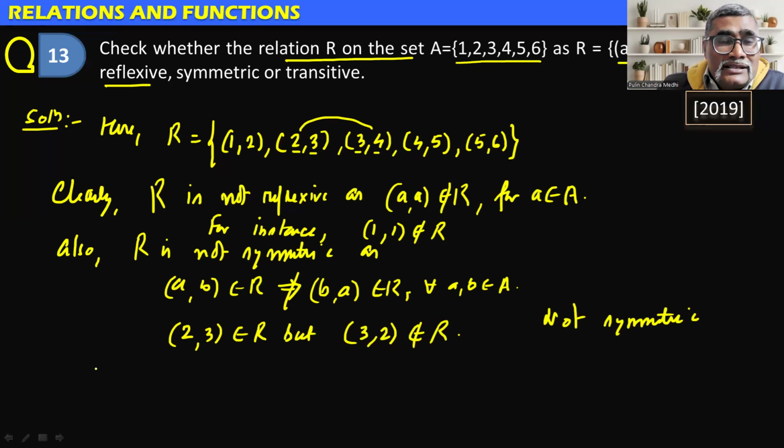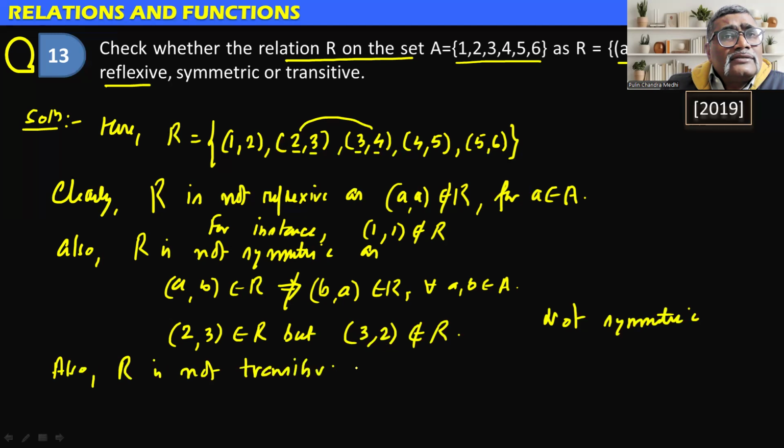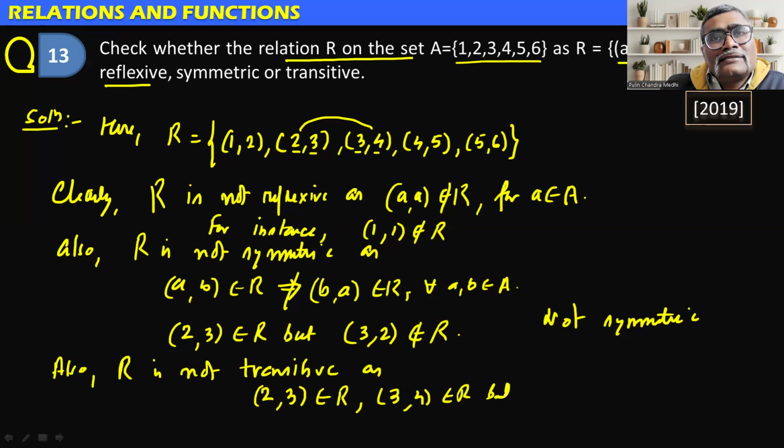So we'll write the answer for this at the beginning. So you can write, also R is not transitive as 2 comma 3 belongs to R, 3 comma 4 belongs to R, but 2 comma 4 doesn't belong to R. You can add here at the last moment the actual definition, that is A comma B belongs to R, B comma C belongs to R does not imply A comma C belongs to R, as it is not transitive.